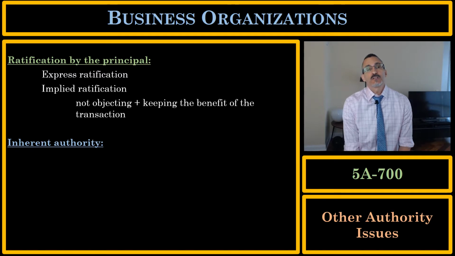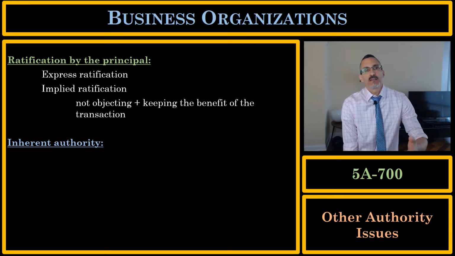The corporation might also implicitly ratify the contract. This is where they do not expressly say, I agree to be bound by this contract. This is where they perform under the contract. They know that they don't have to perform because the agent did not have authority, but they say, you know, this is a good transaction for us, let's just go through it.